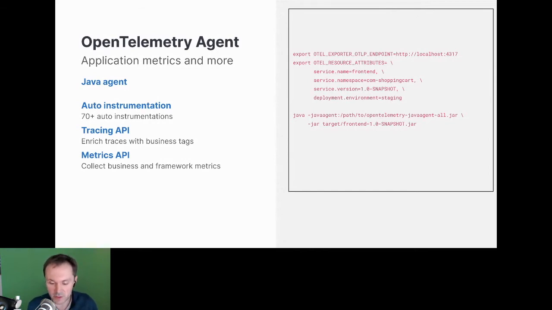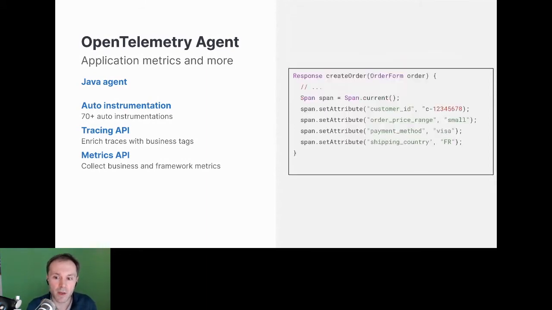I didn't have to change my application beyond just bumping the APIs. So once I have instrumented my application with the OpenTelemetry agent, I will be able to capture my distributed traces. And here, I have 70-plus auto-instrumentations on the Java agent of OpenTelemetry.